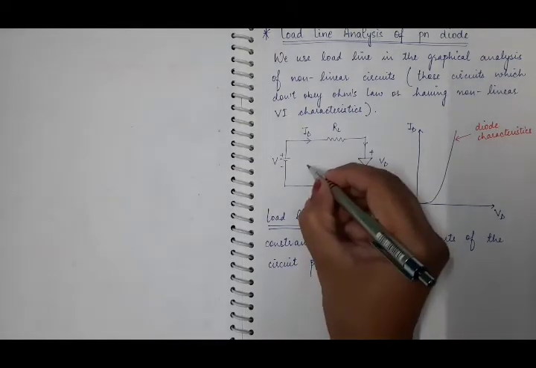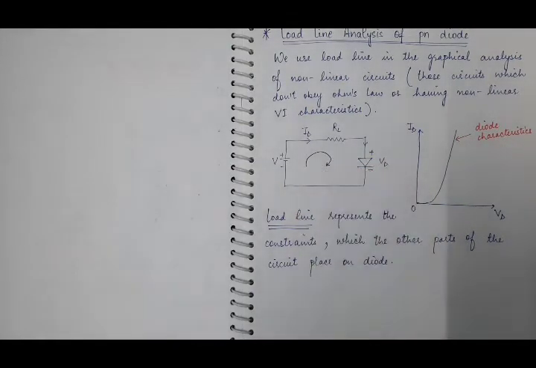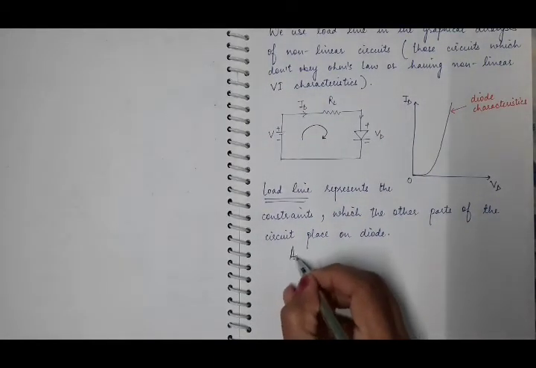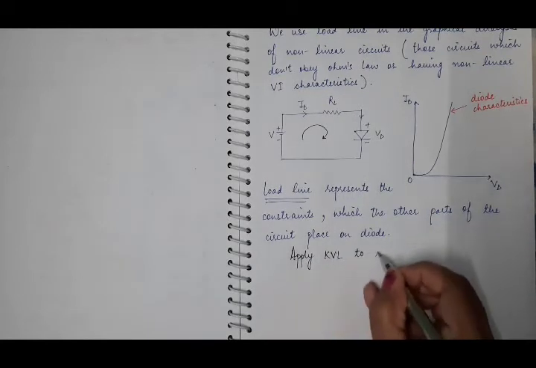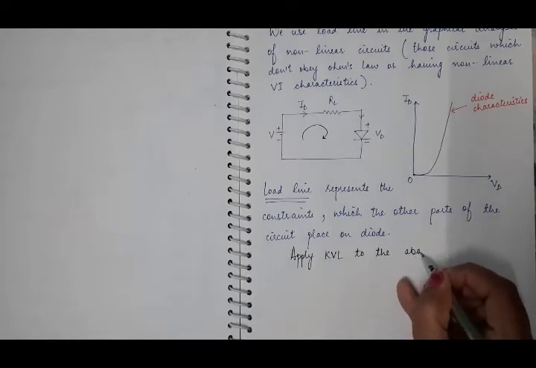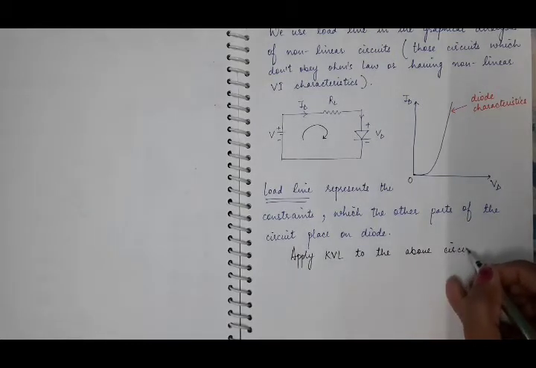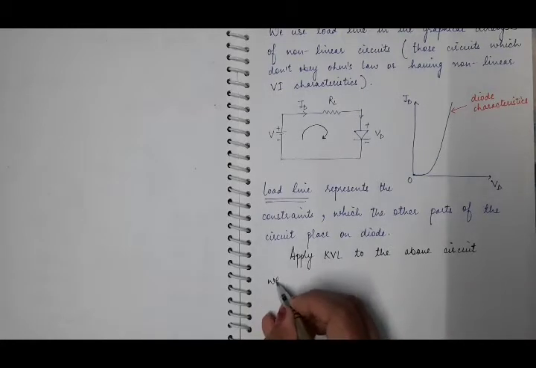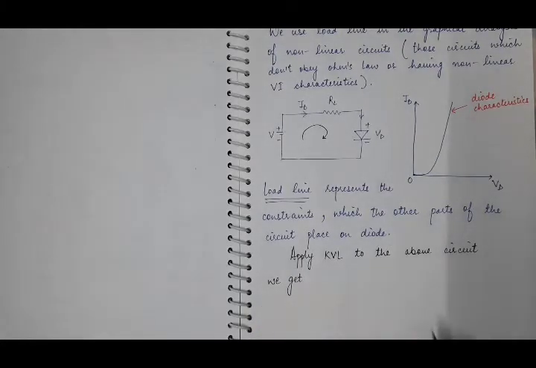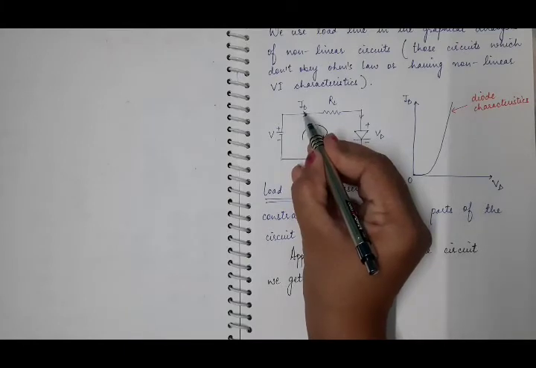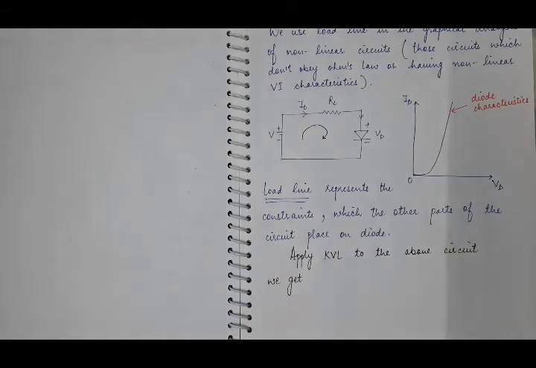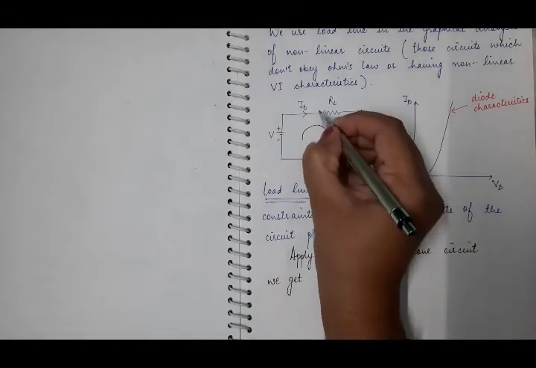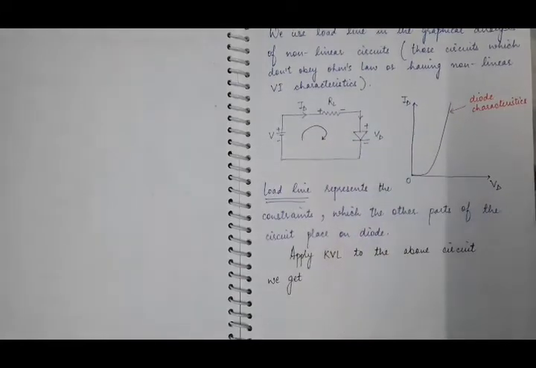Now apply Kirchhoff's voltage law to the above circuit. Then we get: this ID is the direction of the conventional current, and we know that conventional current always flows from positive terminal to negative terminal. So this will be positive, this will be negative.